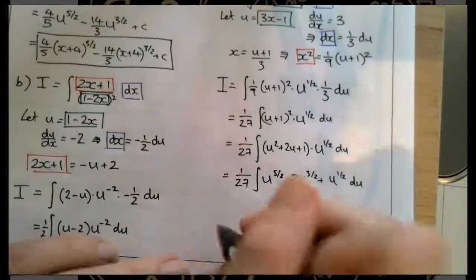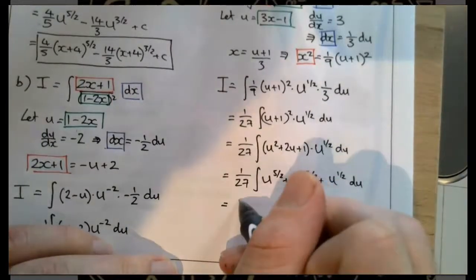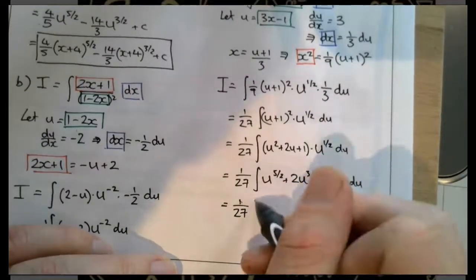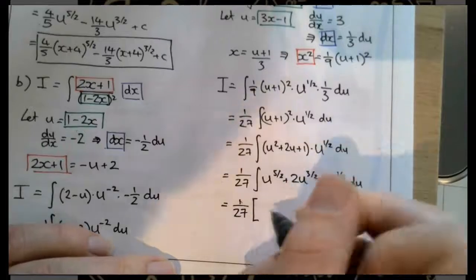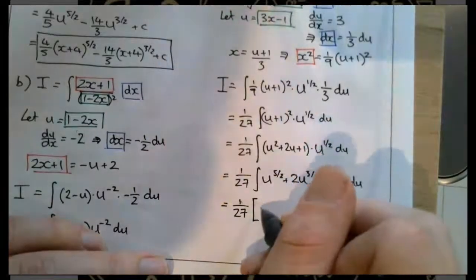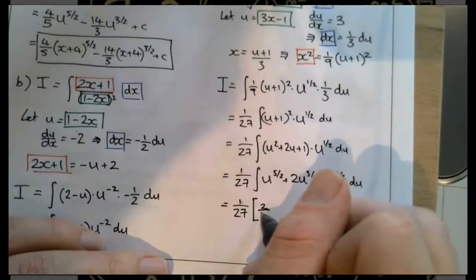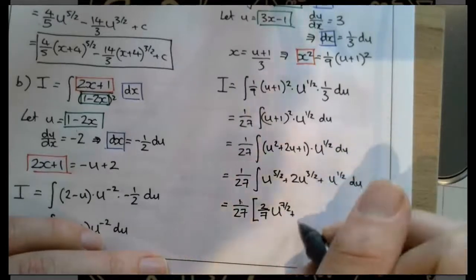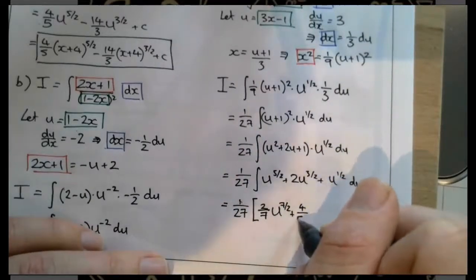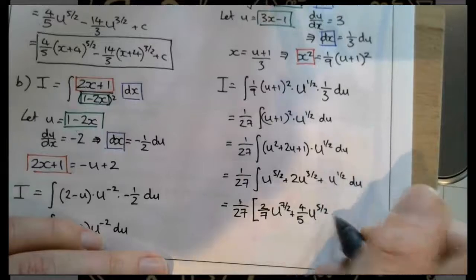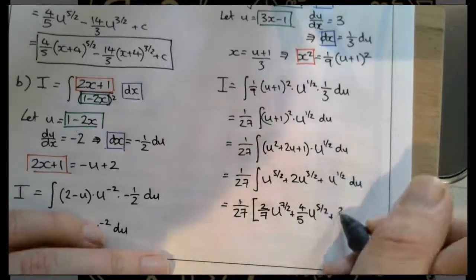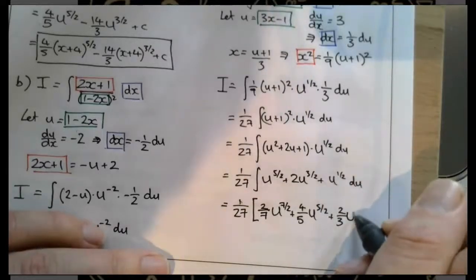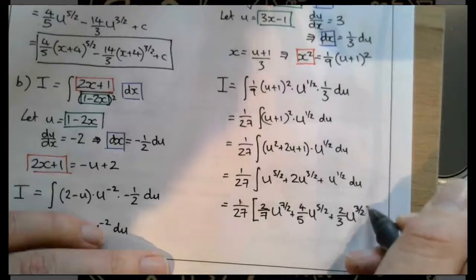Fantastic. Doesn't mean it's going to be really simple. 1 over 27. Doing my integration, divide by the new power. 2/7 u to the power of 7 over 2, plus divide by the new power, 4/5 u to the power of 5 over 2, plus divide by the new power, 2/3 u to the power of 3 over 2.